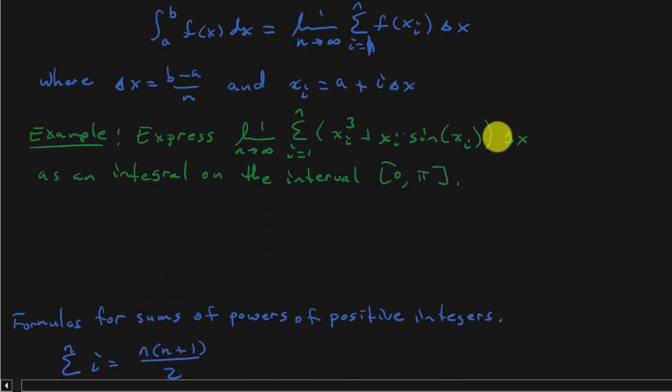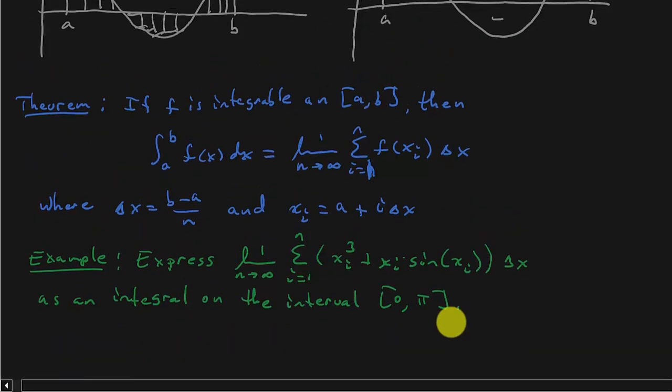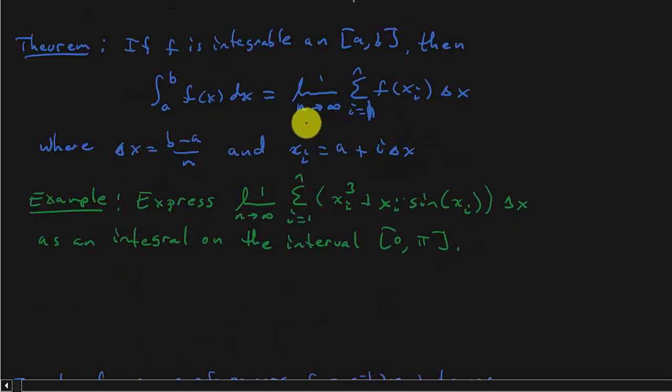All right, so let's look at this example. It says express this as an integral on the interval 0 to pi. So all we're doing here is going from this form to this form.